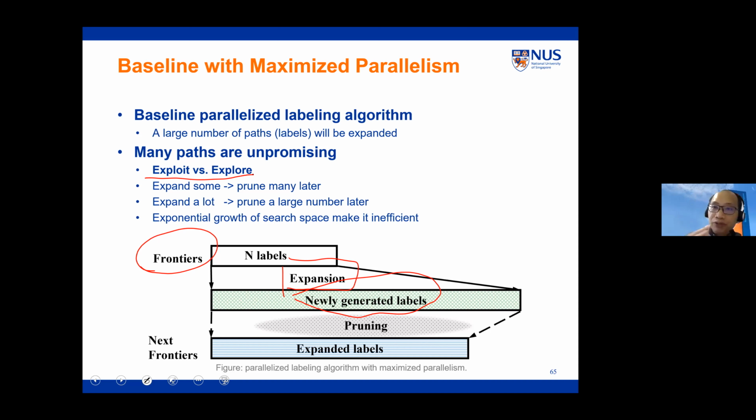But the problem is that it may also generate more new labels, which later will be pruned. So basically, you can do explore to search for the solution faster, but on the other hand, you can also do exploit to prune the solutions more effectively. So there is a trade-off here, as I mentioned just now.